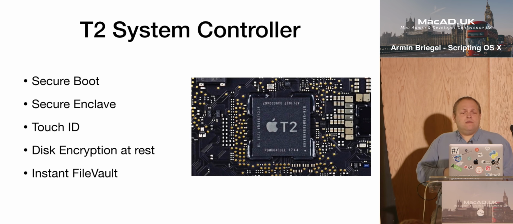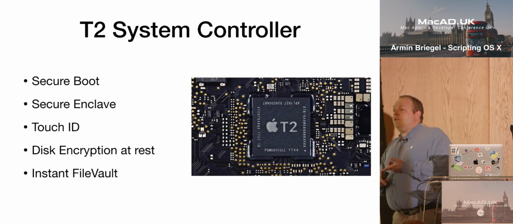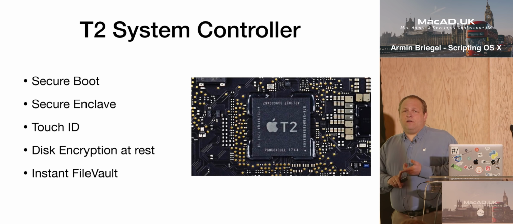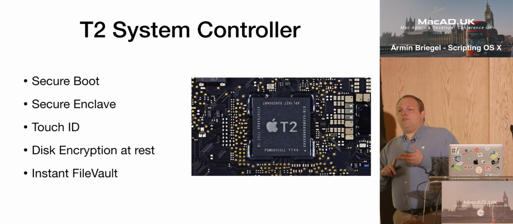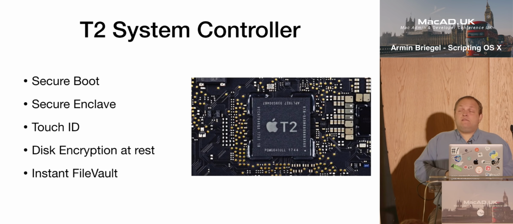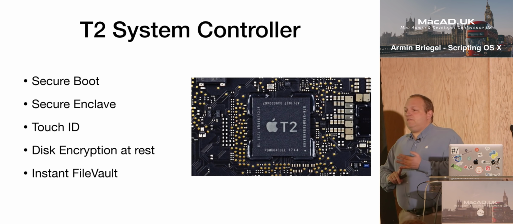Somebody messed with this. It gives us things like the secure enclave, which we've had on the phone for a long time. Well, not that long, but comparatively. And it gives us things like Touch ID and secure storage for certificates and keys and all of this. Disk encryption at rest. The SSDs in Secure Boot Macs are always encrypted.